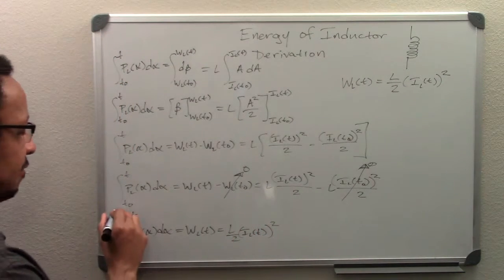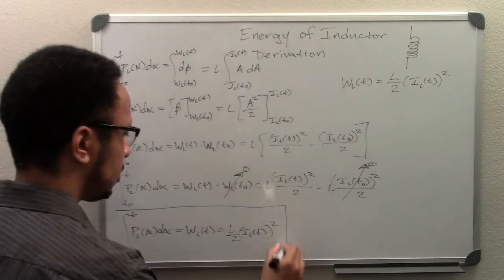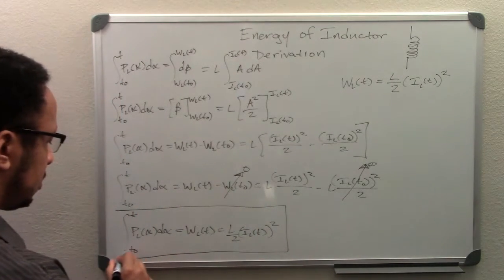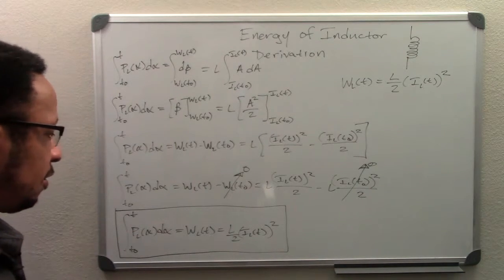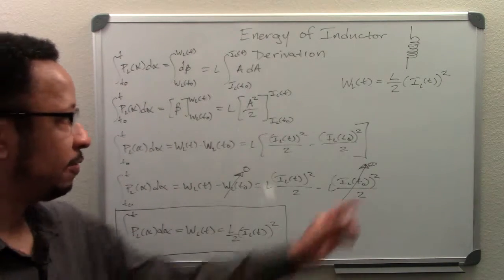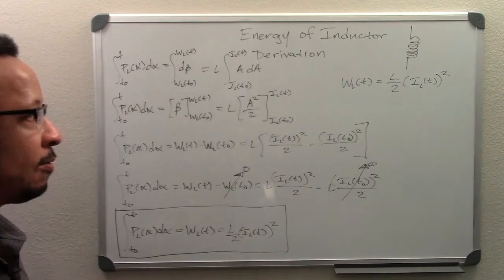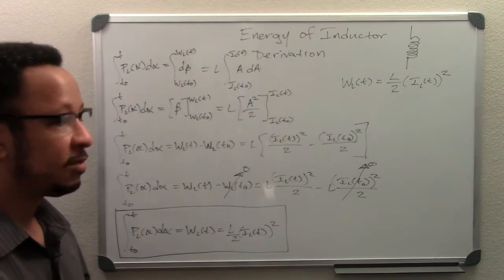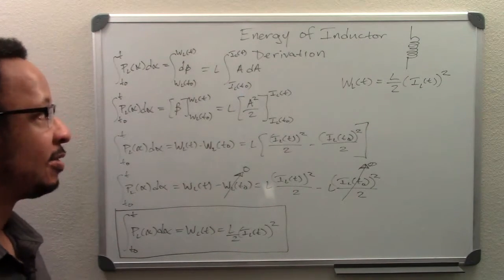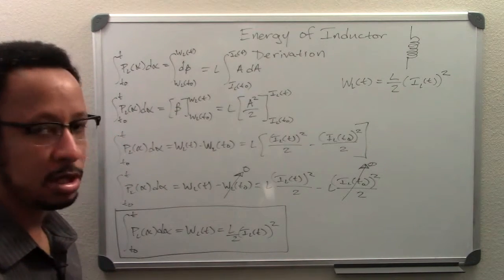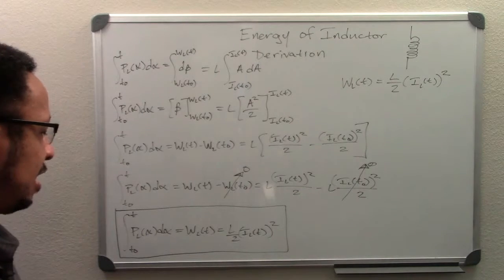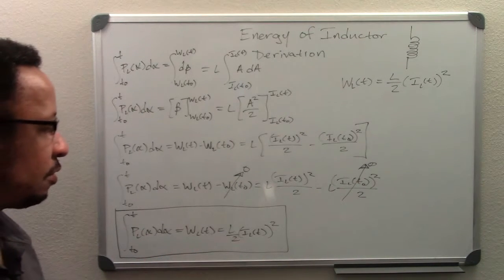And so that is our final result. This shows the derivation of this famous formula for the energy of an inductor, the energy that it handles. It doesn't dissipate energy, not an ideal inductor at least, but now we have the derivation of this relationship.